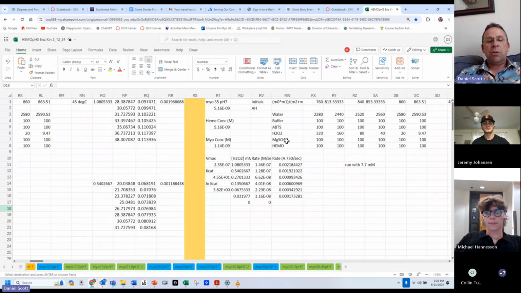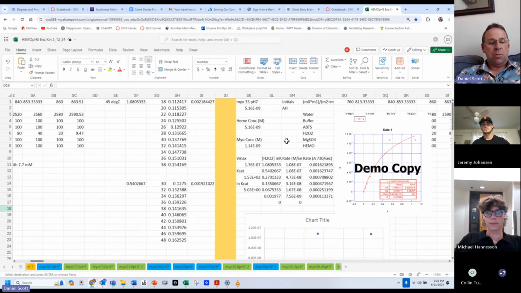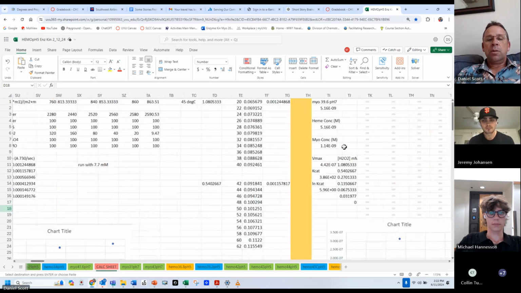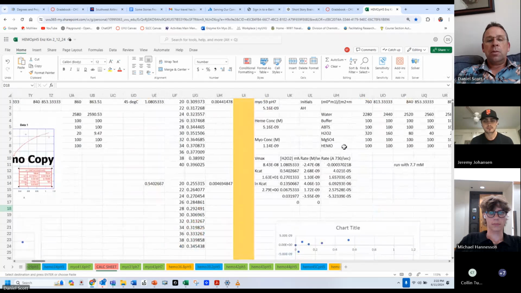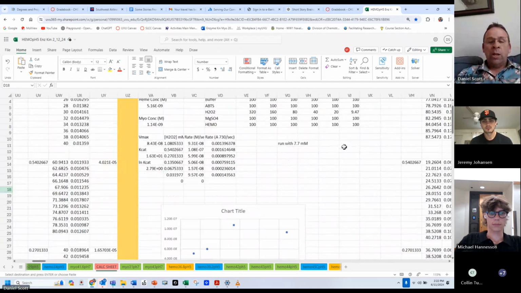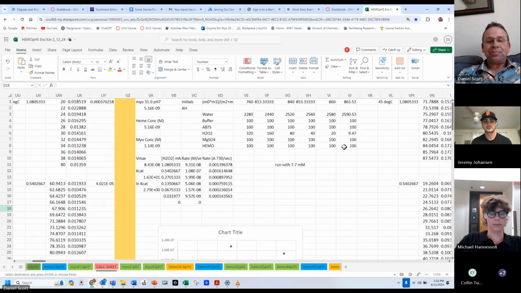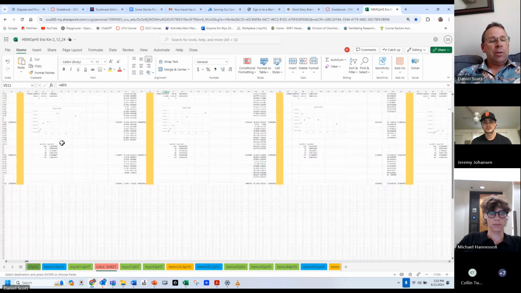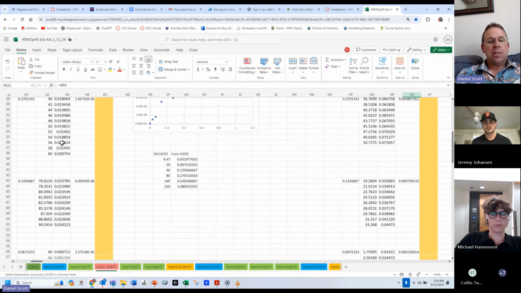So I'm still searching for the Myo 31.7, or what is it, 31? Which is Myo 31, right? Okay, here we go. Let me see if I can shrink this down to size a little bit.